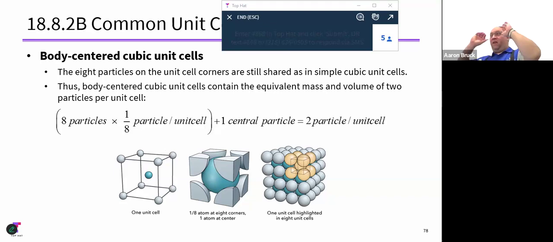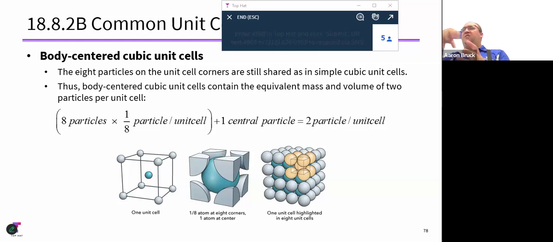Now, one thing that we need to understand: your book and these slides are showing these in different colors so that you can see the different layers. What we need to understand is that these are all the same substance. So if osmium is body centered, then all of the layers are osmium atoms.